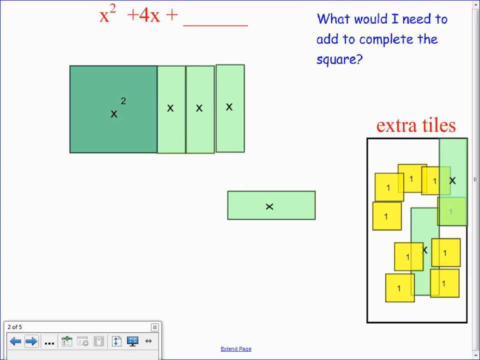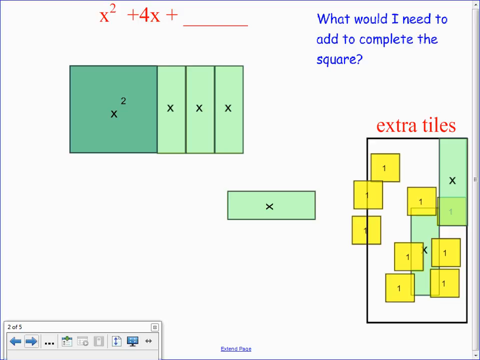Well, if I stack them all this way, you can see what's happening. I'm not making a square, I'm making a giant rectangle here. I need to focus on maintaining the same length and width to create my visual picture of a square. Knowing that, I'm going to need to grab some extra stuff over here, because the key question says, what do I need to add in order to complete the picture of a square?